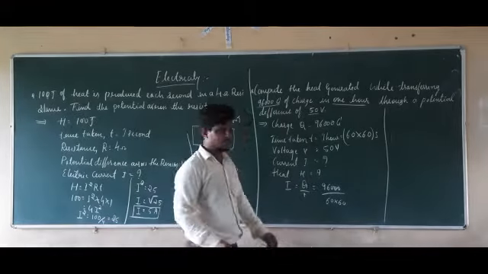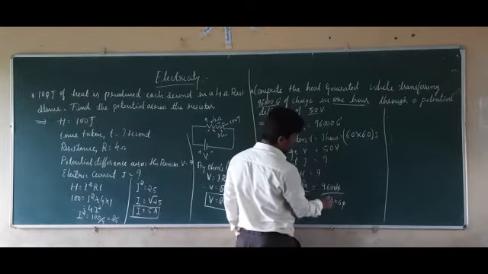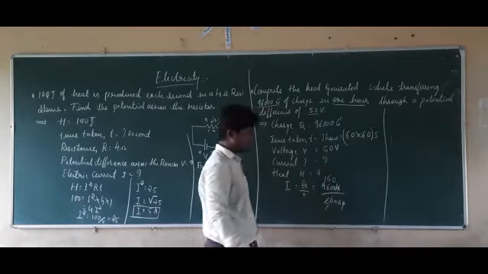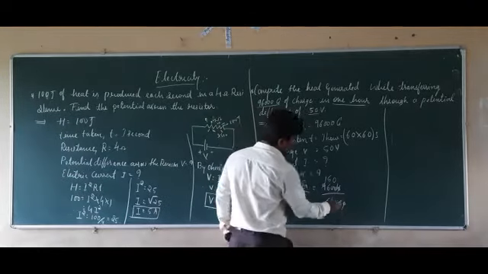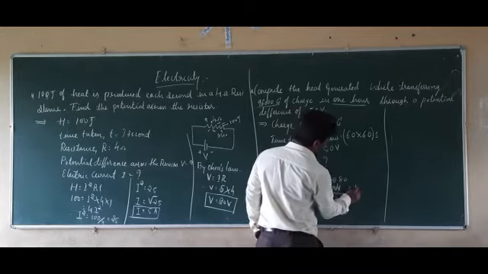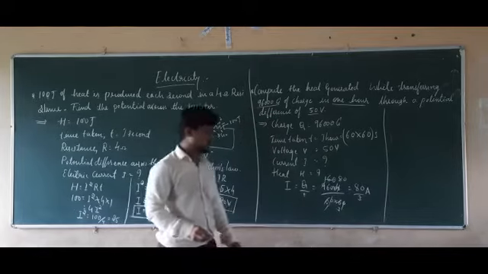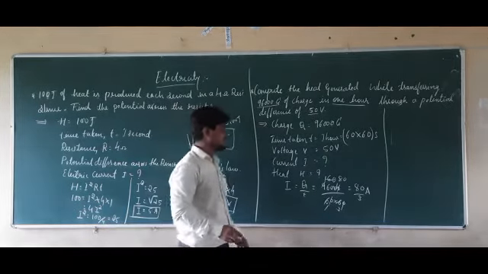The zeros get cancelled, 6 ones are 6, and what remains is 36. 6 sixes are 36, so it becomes 160, and 2 threes are 2, so it is 80. So the current is equal to 80 divided by 3 amperes, or 33.3 amperes.